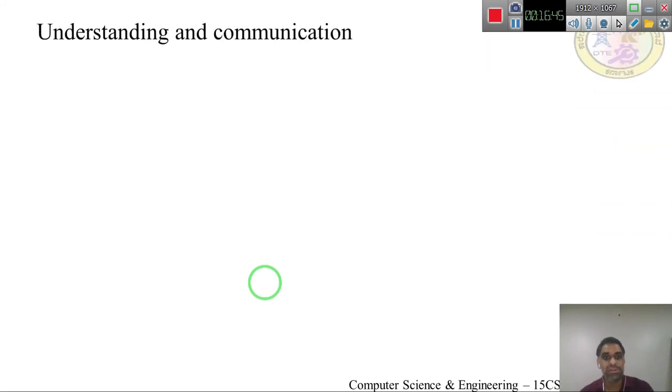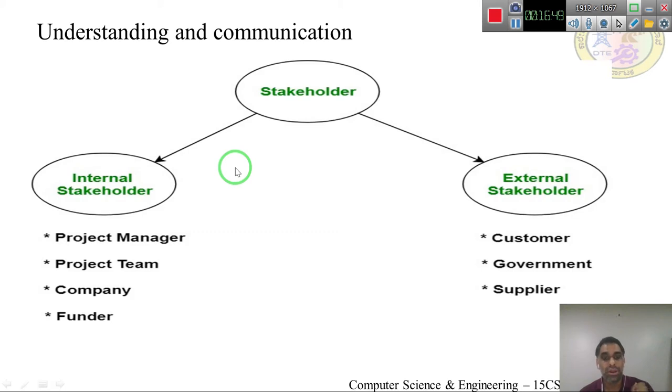So next we will see each role in detail through diagrams. So the image tells you that there are stakeholders. How do they categorize stakeholders? They would categorize stakeholders as internal stakeholder and external stakeholder. Fine. So who comes under internal stakeholder?